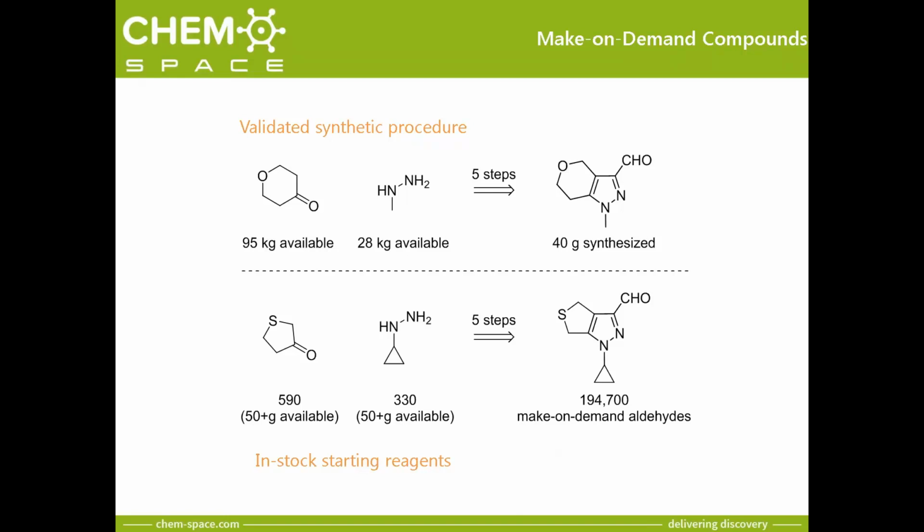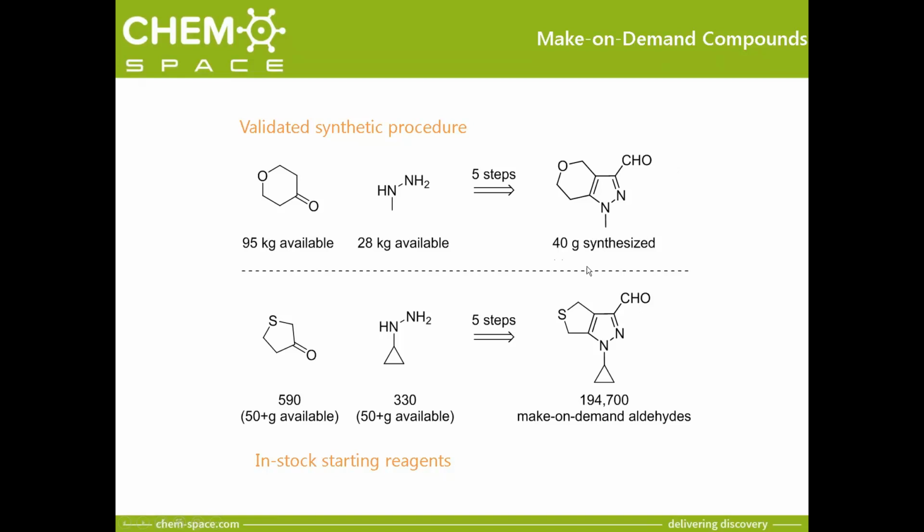And when I say make on demand, I mean that the compounds are not really synthesized, they're not on the shelf, but they can be synthesized because the procedure to make those compounds is known and has been done at least once in the lab, like with this aldehyde, for example. So chemists in the lab made this aldehyde in a decent quantity from rather commonly used starting reagents available from the warehouse in decent quantities.